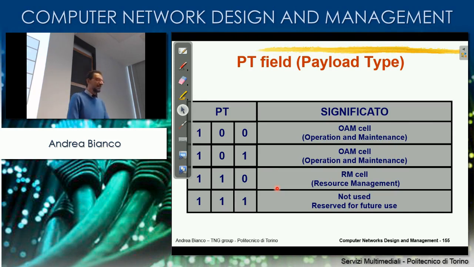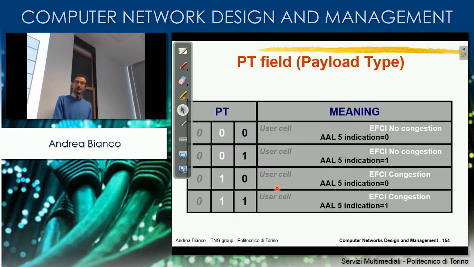Okay? If it is a user cell, the first bit is 0, and 1 bit is devoted to signaling congestion, like we have seen in frame relay. If you remember, in frame relay we have 2 bits, forward and backward, to signal congestion. Exactly the same here. We have 1 bit to signal congestion to the user on that virtual circuit. It's a very selective signaling scheme.